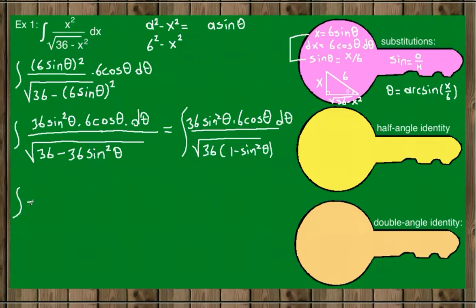At the next step, this is a trigonometric identity. 1 minus sine squared theta is the Pythagorean identity, which is equal to cosine squared theta. So what is left in the bottom, under the radical, is 36 cosine squared theta. And on top we have 36 sine squared theta, 6 cosine theta.